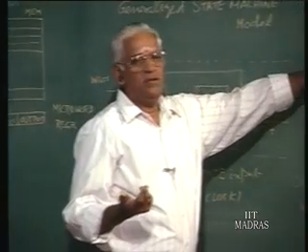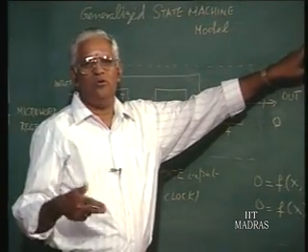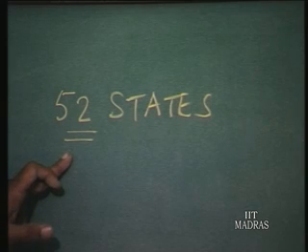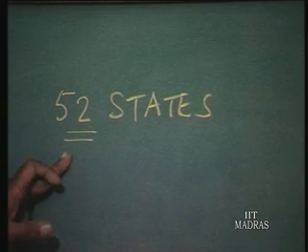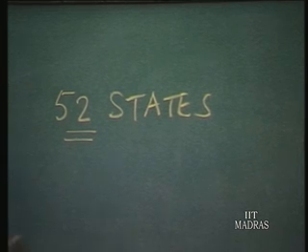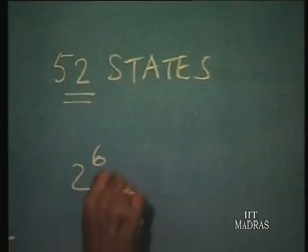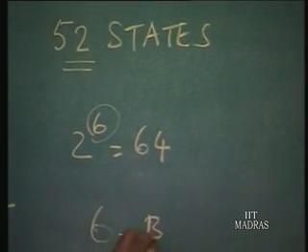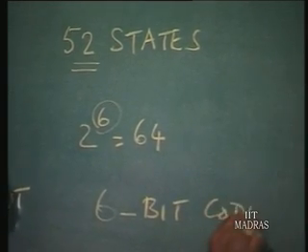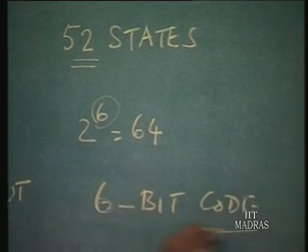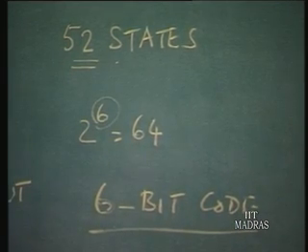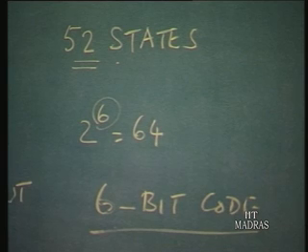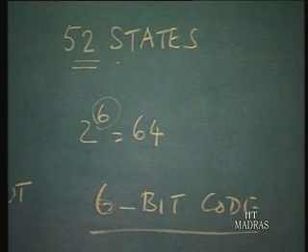So you need how many bits? Suppose you use a binary code for this. With 5 bits you can have 2 to the power 5, 32. So with 6 bits, since 2 to the power 6 is 64, basically you need a 6-bit code. With a 6-bit code, a maximum of 64 is possible, but we are going to represent only 52. Fine. So it means basically, what is a bit?